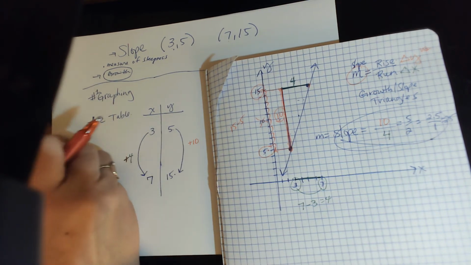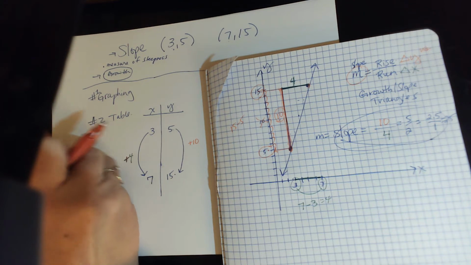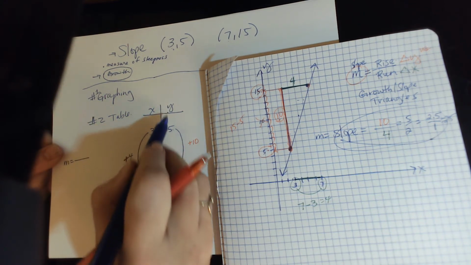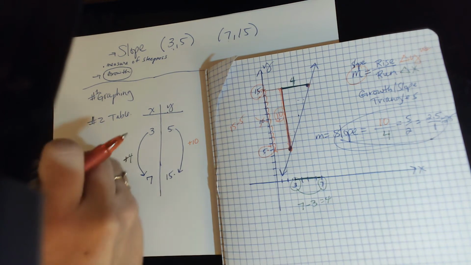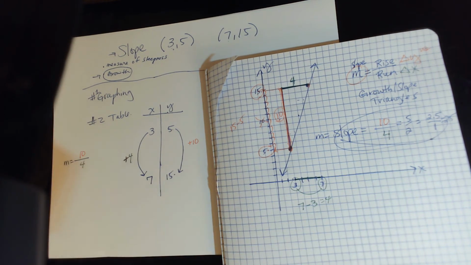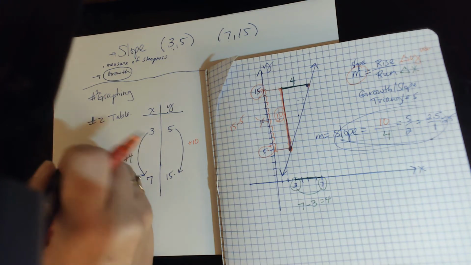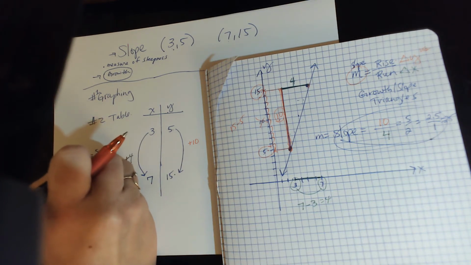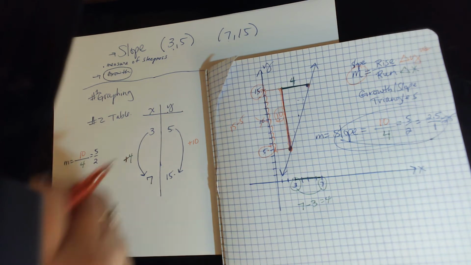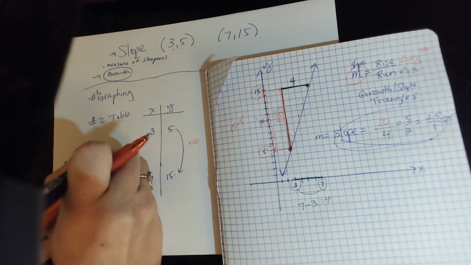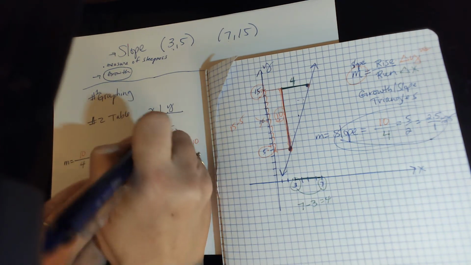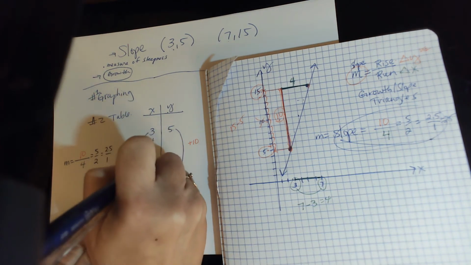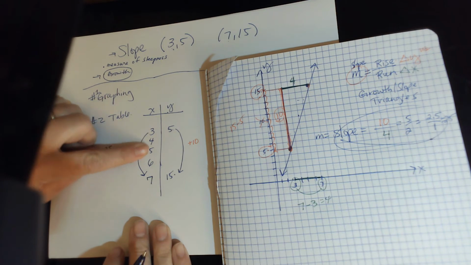And so the slope is that change in Y, the rise, over the change in X, positive 4. And there I have it. And when I reduce 5 over 2, or 2.5 over 1, what that gives me is now the growth in between.